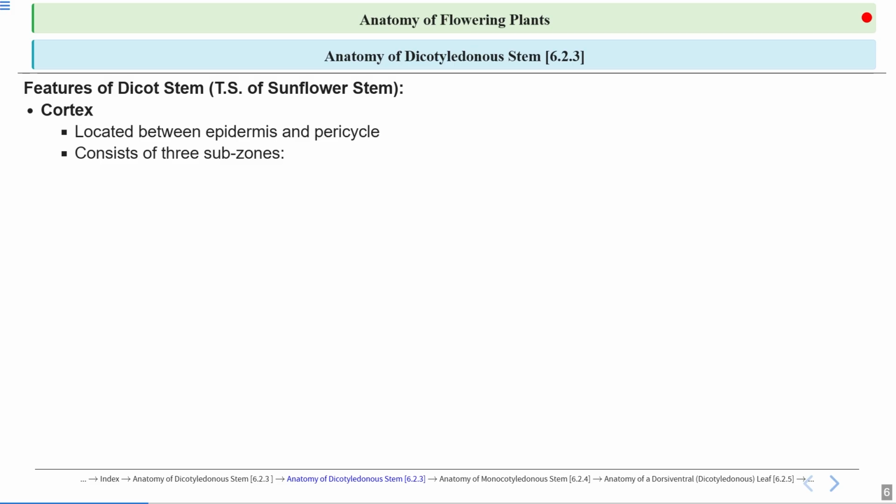The second layer of cells starts the cortex, until the pericycle. Okay? Between the pericycle and the epidermis is the cortex region. And it consists of 3 subzones, which means the cortex can be divided into 3 subzones.